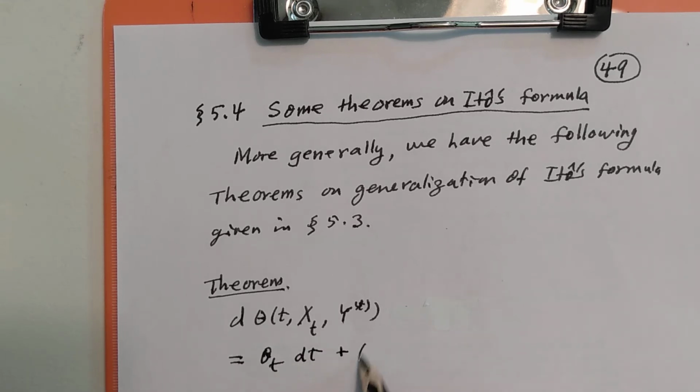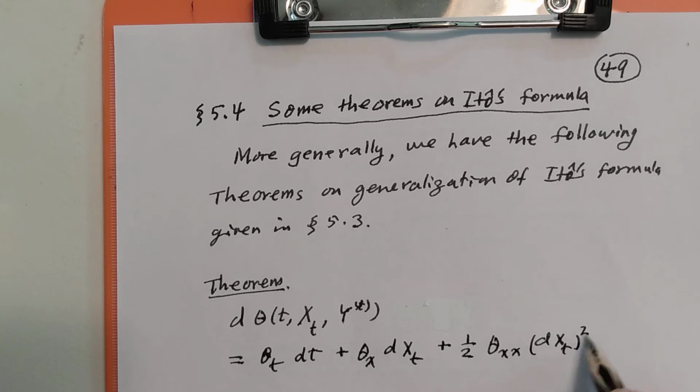And then we have theta sub x dx sub t, and then plus 1/2 of theta sub x x, and then dx sub t squared.